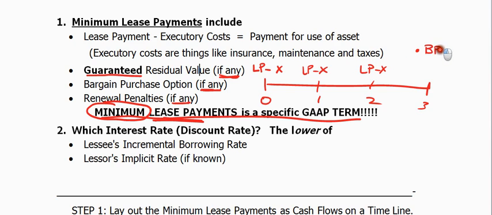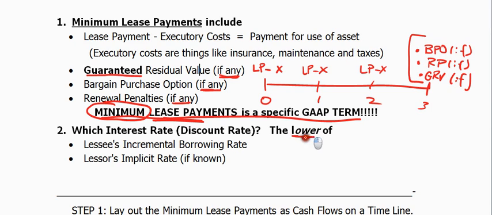Then you have the bargain purchase option if it's there, renewal penalties if it's there, and the last one, the guaranteed residual value, which we're going to work with the most actually, if it's there. These are all optional features. They don't have to be there, but if they're there, you include them as a lump sum payment at the end of the lease.